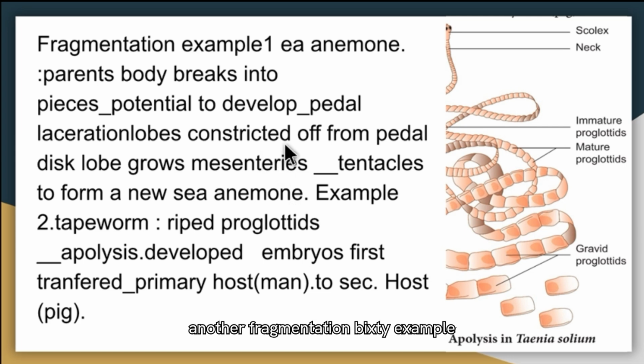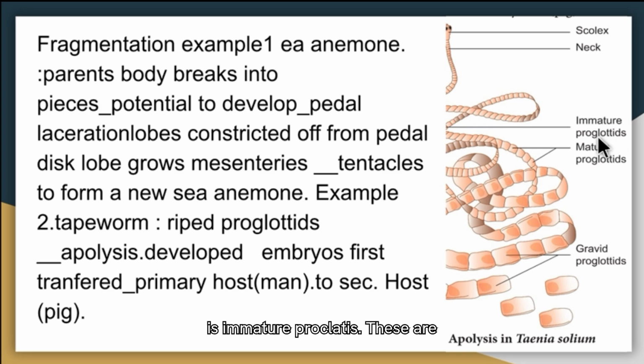Another best example of fragmentation is the tapeworm. In this tapeworm, there are gravid proglottids. Why do we call them gravid proglottids? Here are mature proglottids.